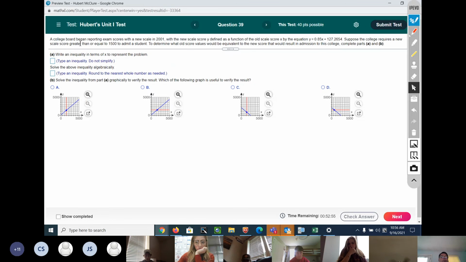A college board question. Okay, they want you to graph that, and graph 1500 as a line. Find out where they intersect. Chances are it's either B or D. I'm trying to see where 1500 is. I can't tell. Is this a negative slope, yes or no?